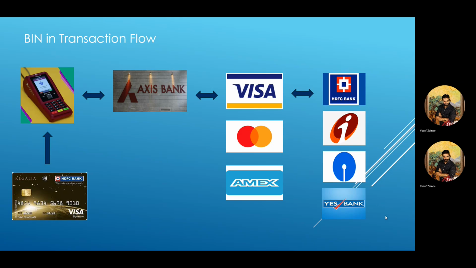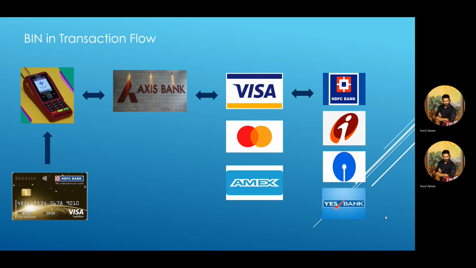So when the information comes to Visa, looking at the bin, they know that this bin range I have given to HDFC. That is how the information goes to HDFC. Obviously, there is encryption and everything involved here, which we talked about in the second session. But how the decision is made as to where to transfer that encrypted information happens via the bin.